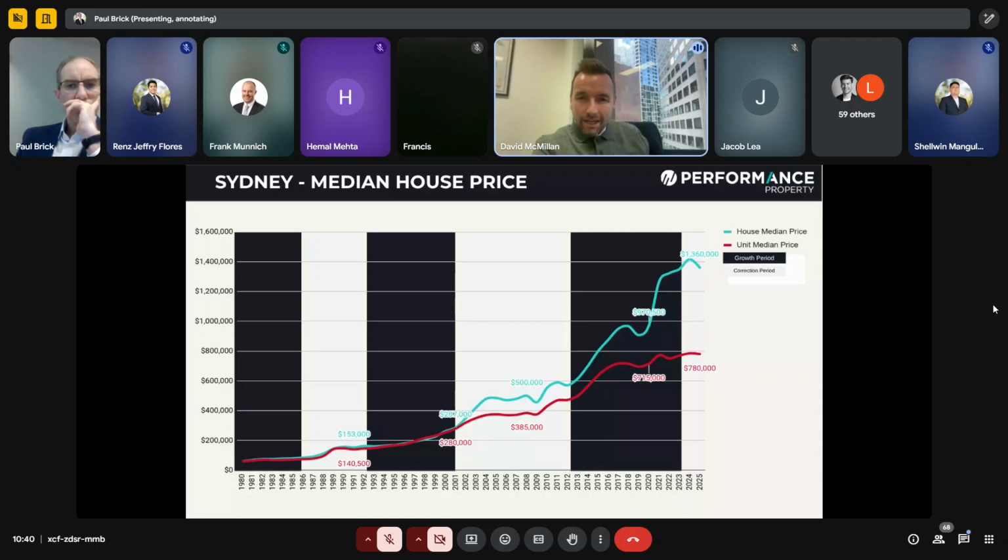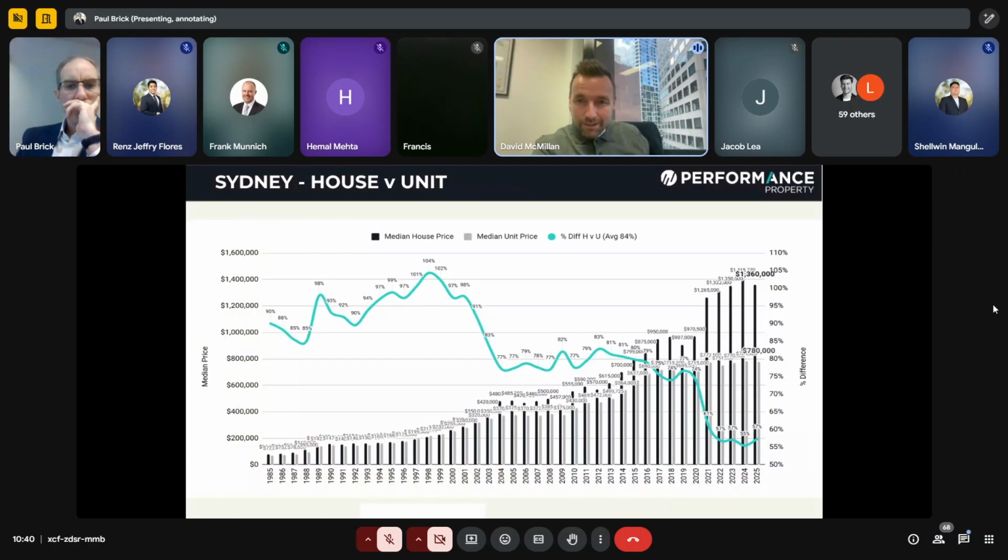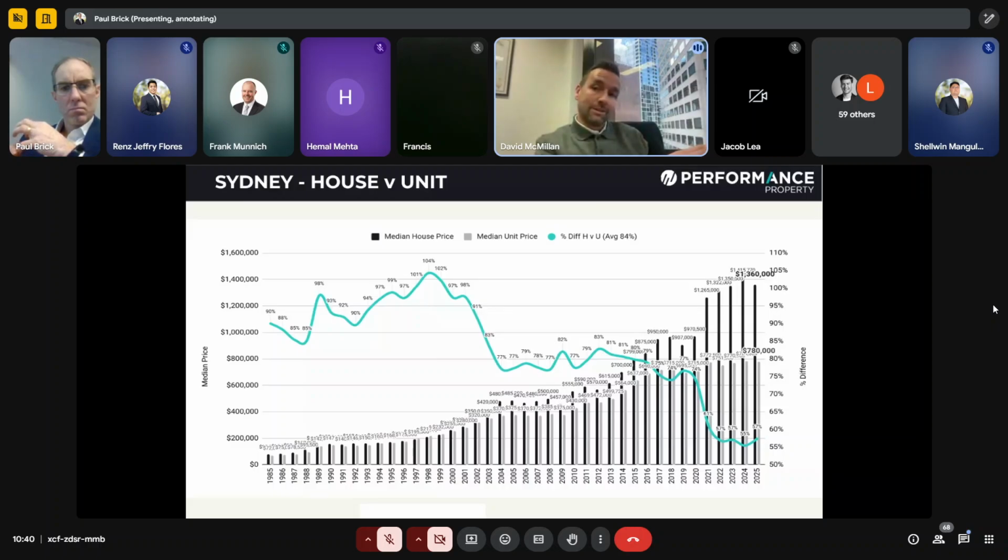And if you go to the next slide, it demonstrates the relationship between Sydney houses and Sydney units. Sydney units are at record lows by comparison to Sydney houses. So usually Sydney units sit at 84% of the Sydney house, and now they're down to 57. So that's showing that houses are incredibly expensive, but units by comparison are cheap.